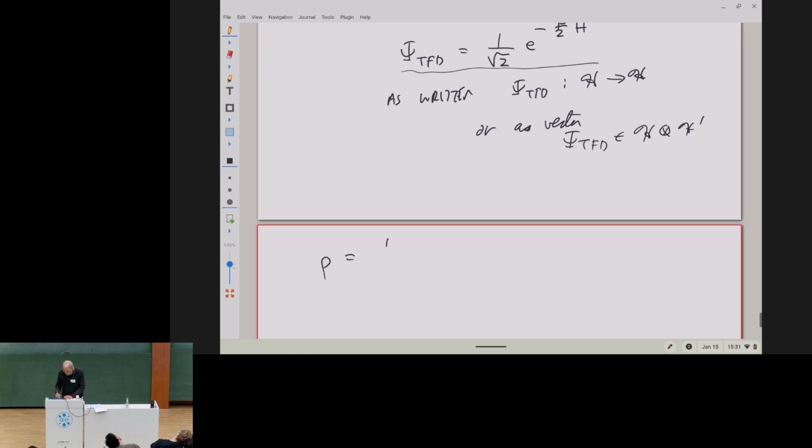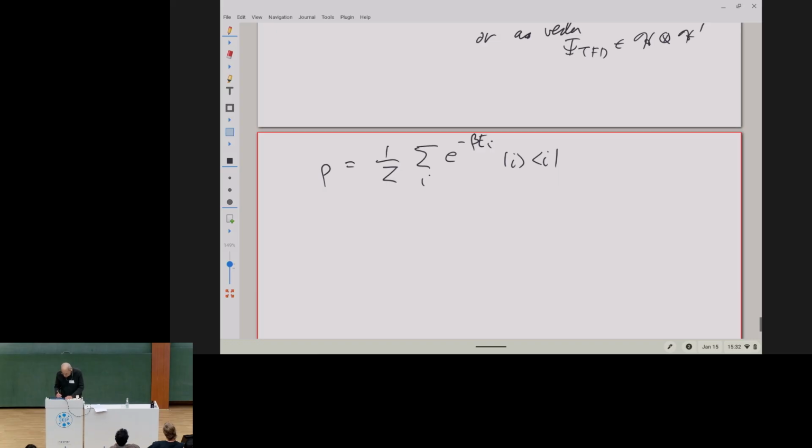So rho would be 1 over z times the sum over states, e to the minus beta times ei times |I><I|, and psi TFD would be 1 over the square root of z times the sum over I of e to the minus beta ei over 2 times |I>|I'>, where I prime is the counterpart of I in what people usually call simply a second copy of H, although more canonically it's the complex conjugate of H, as I keep telling you.